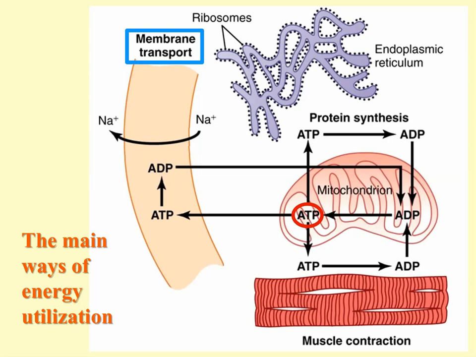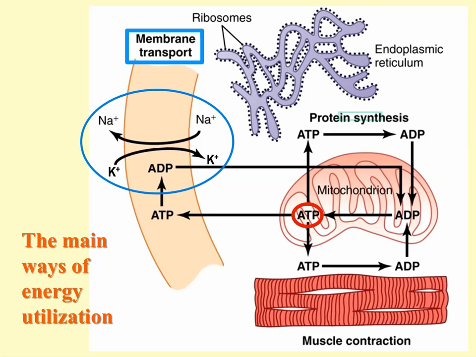So membrane transport is everywhere. Absorption of nutritional substances from the tract uses energy for most substances. Classically it's the sodium potassium pump, but other pumps also use energy, the calcium pump, the H+ pump, and so on. So this is a big part of our energy usage, maybe 40% or so.